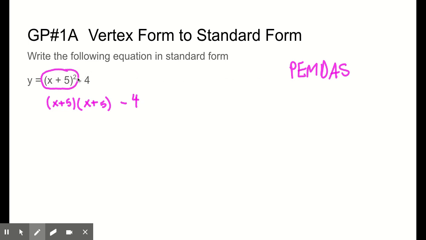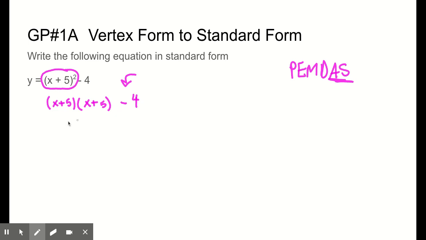So that's why I took my binomial and separated it to x plus 5 times x plus 5. I'm using the exponent because it's telling me I have to multiply the binomial 2 times. From there, we have to do multiplication. So this 4 is being subtracted, which means that I'm not going to do anything with that 4 until the very end of my simplification process.